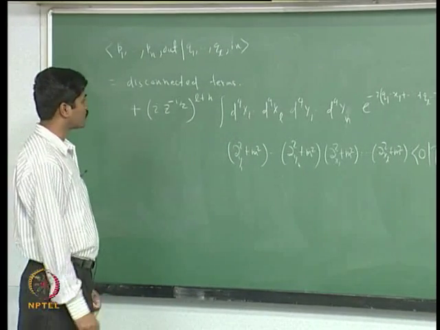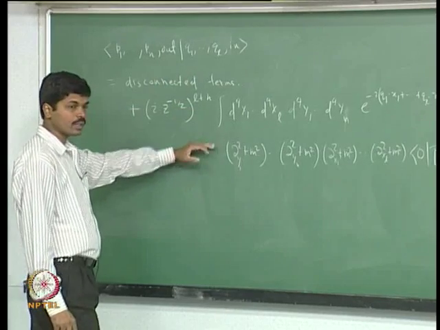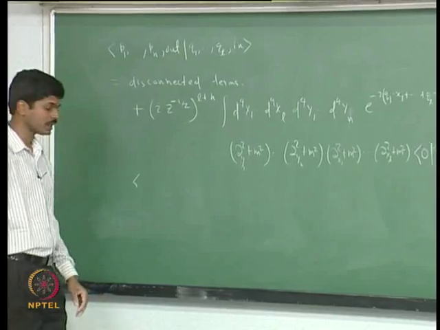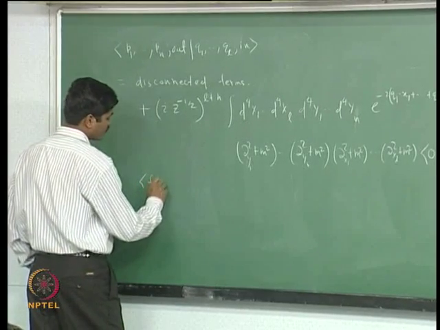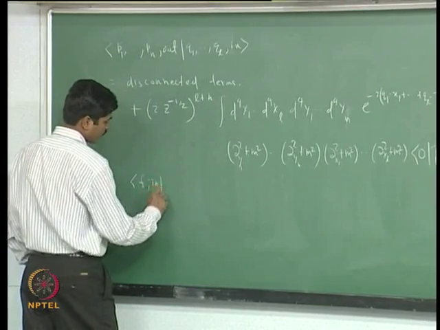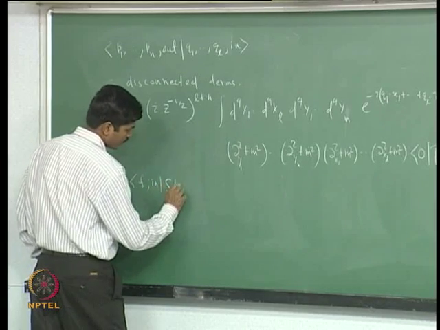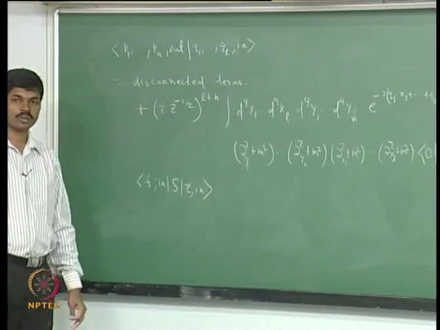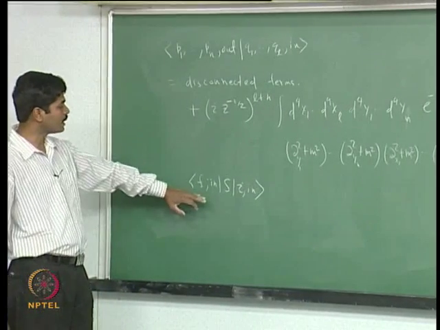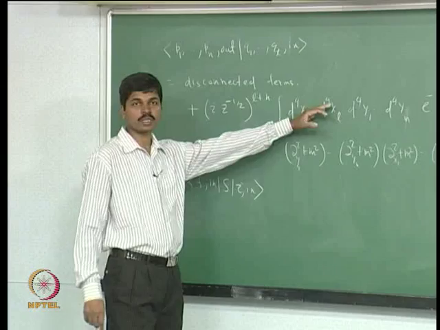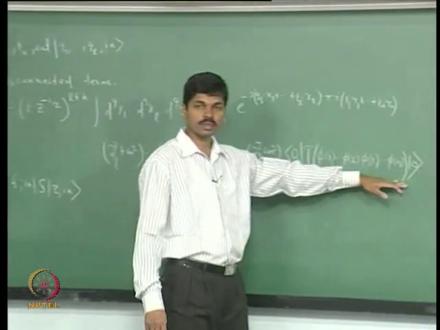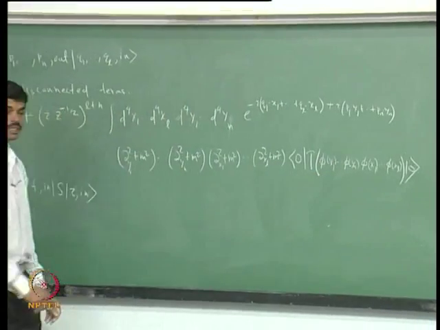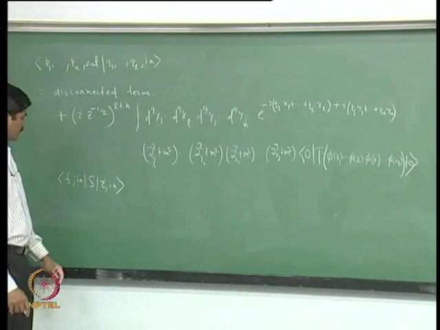So to summarize, you can consider the S matrix element of some final state with some initial state. If you evaluate the connected part of the S matrix element, then the connected part is given by this. So, this is what is known as the connected part of the S matrix element.